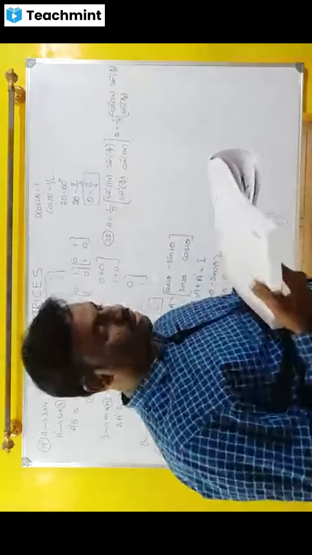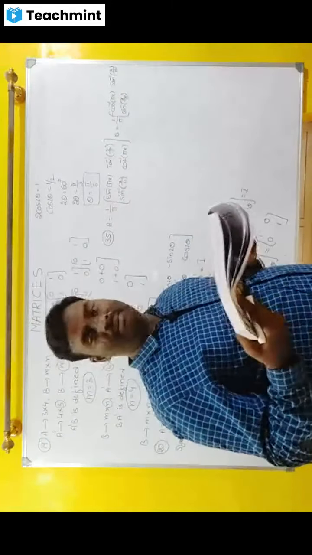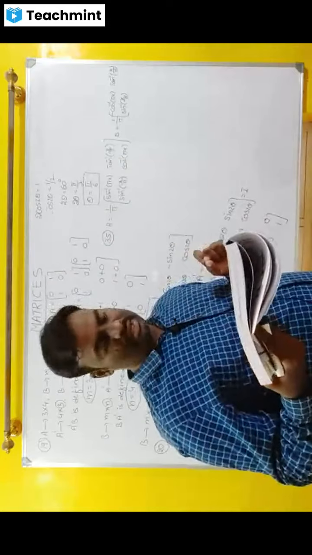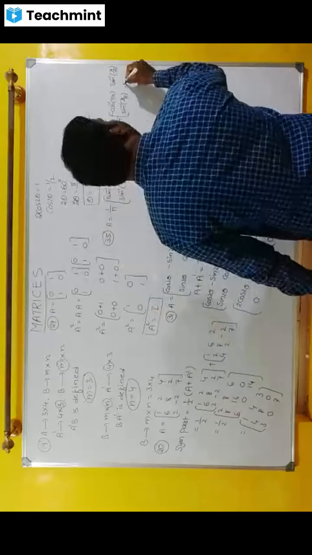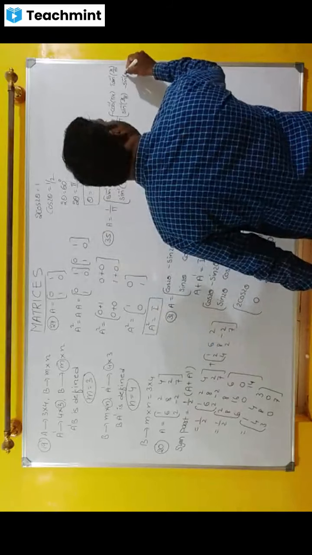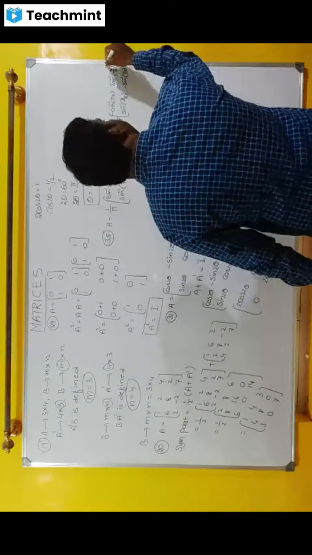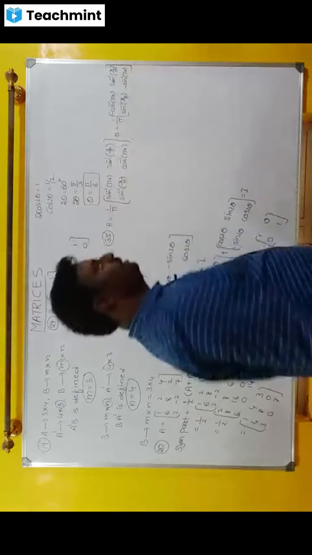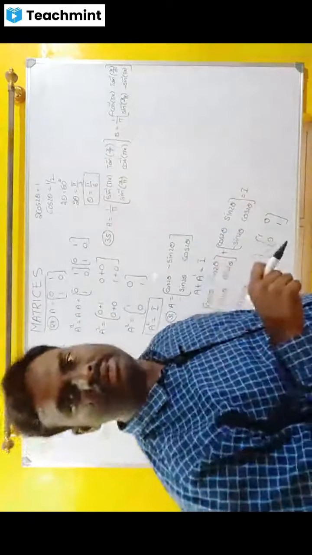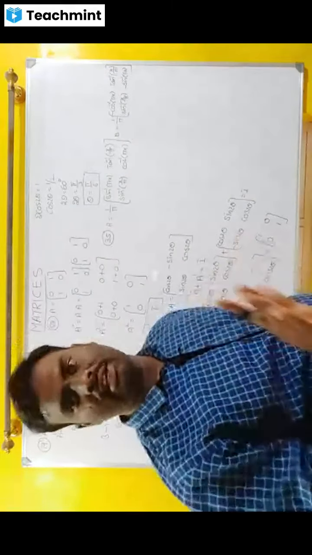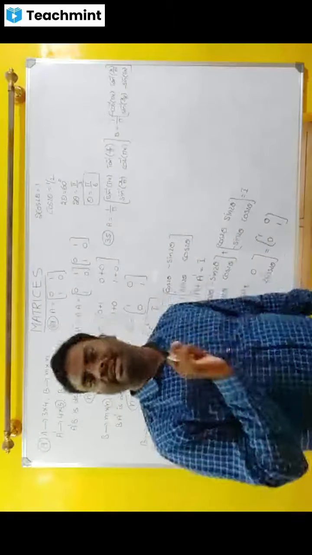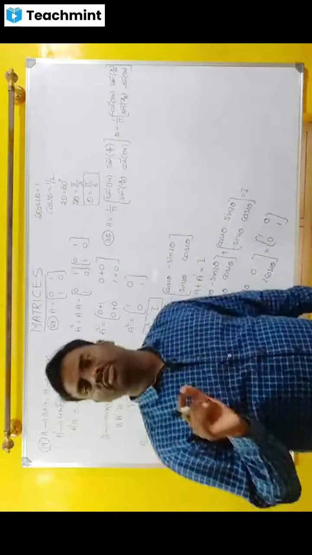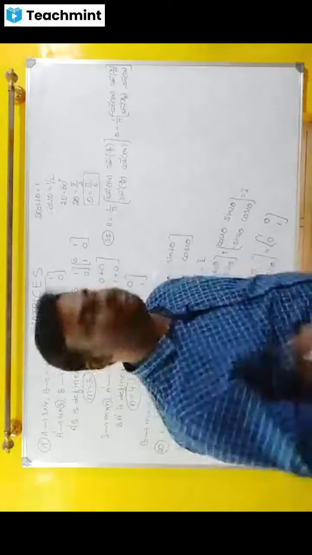In your book they have given tan inverse, but that is not tan inverse, a small correction, that is sin inverse, minus sin inverse pi x. In the textbook and this material they have given tan inverse, but that is sin inverse. So these are the two matrices. We need to find A minus B.